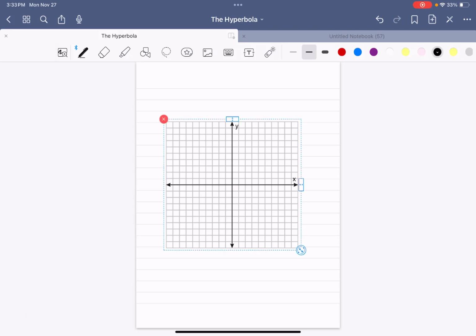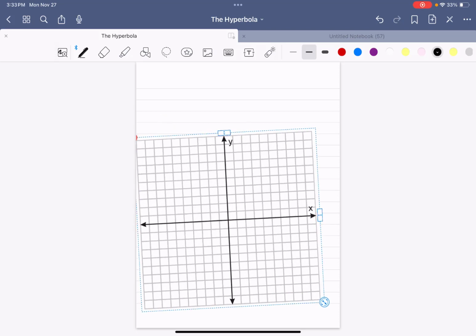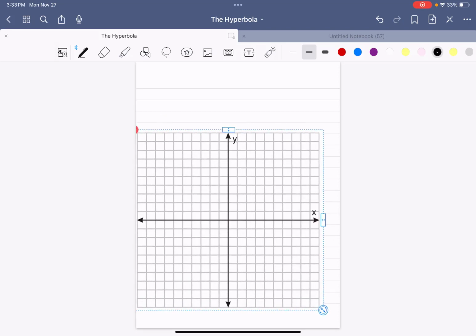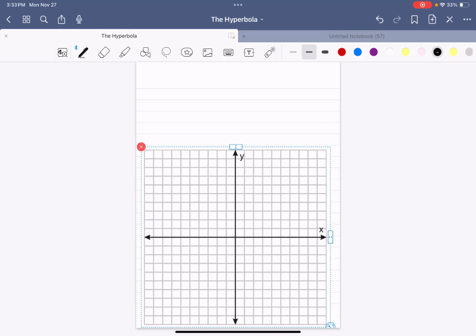Let's do one where we have a vertical transverse axis. So that means y squared is going to be positive. So I would have something like y squared over 9 minus x squared over 4 equals 1.